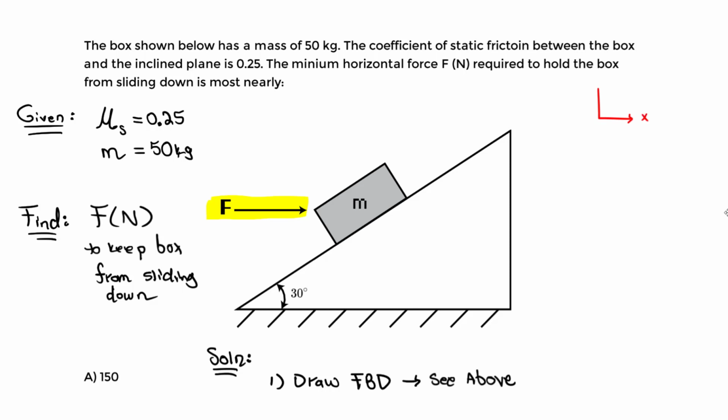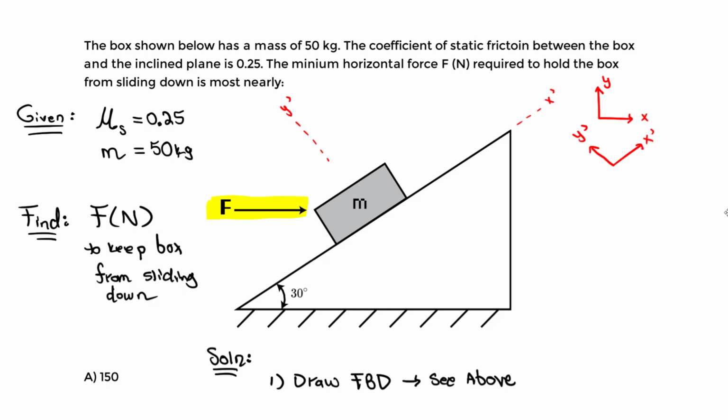This is x, this is y, and what we'll do is reorient it to have an x prime axis parallel to the plane, and a y prime axis normal to the plane, normal meaning perpendicular. So this is going to be my x prime, and again, normal to the plane is y prime.